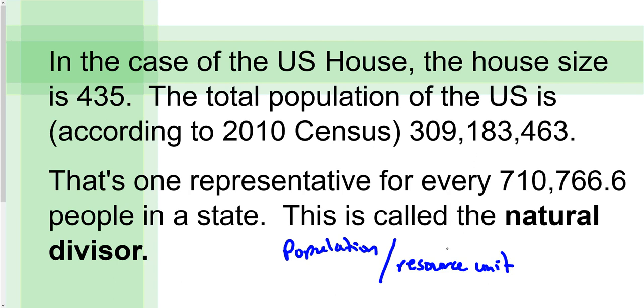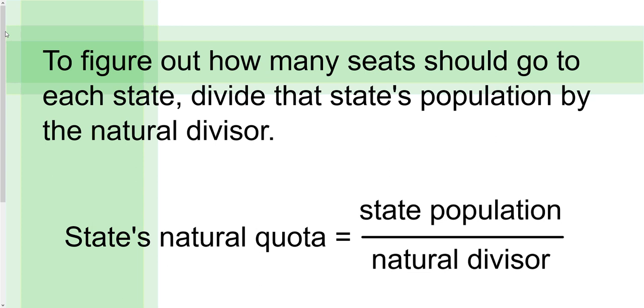It could be, as you'll see, other objects that we want to allocate. To figure out how many seats should go in each state, divide that state's population by the natural divisor. So the state's population divided by natural divisor.